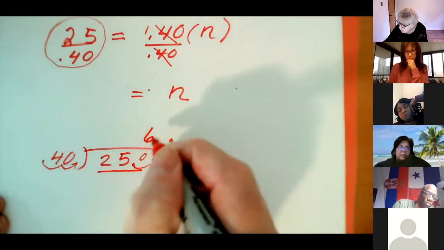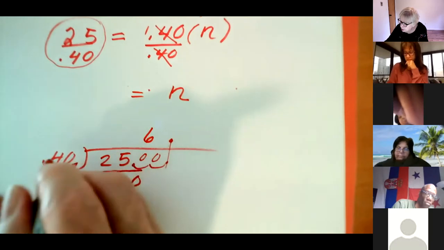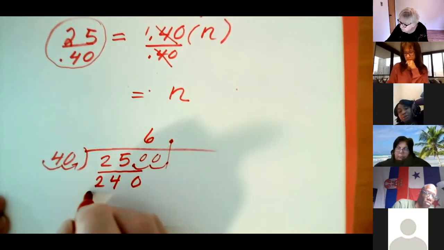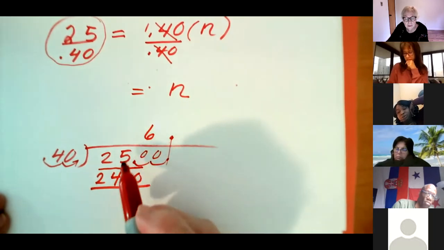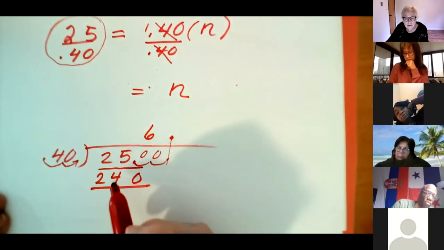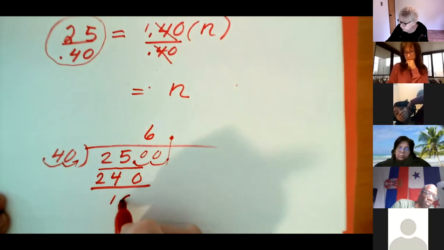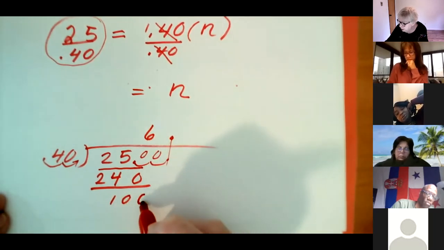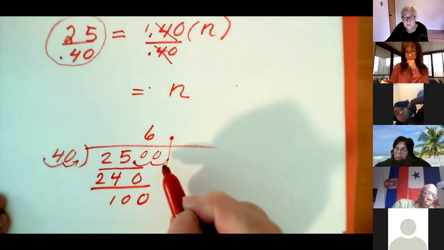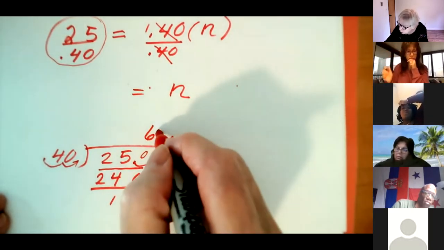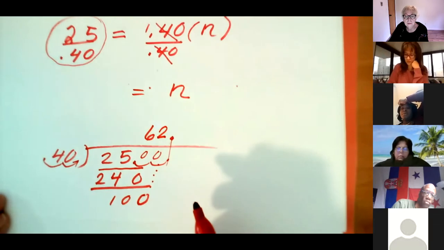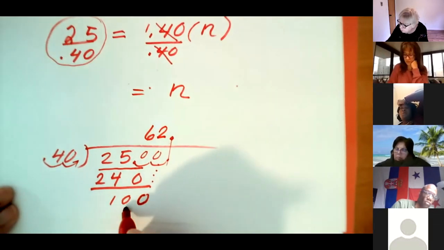Let's go 6. 6 times 4 is 24. I'm hoping this will eventually work out. 5, this is 10. And I'm going to bring down a 0. 40 into 100 is 2. 2 times 40 is 80.